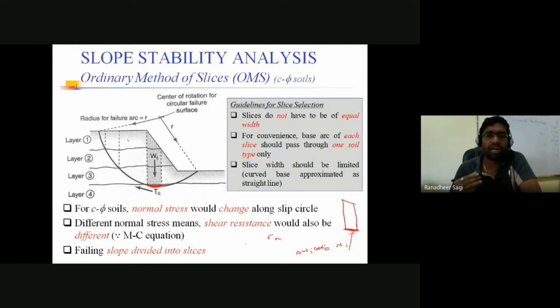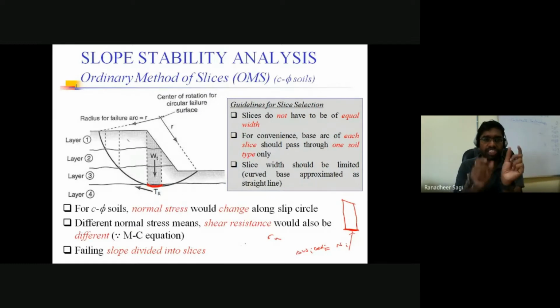More or less, the expressions we are going to write down remain the same. But the only difference is that the total zone of failure in that particular finite slope region is divided into n number of slices. Now, when we divide that failure zone into n number of slices, I can divide that total failure zone into n number of slices of equal width.